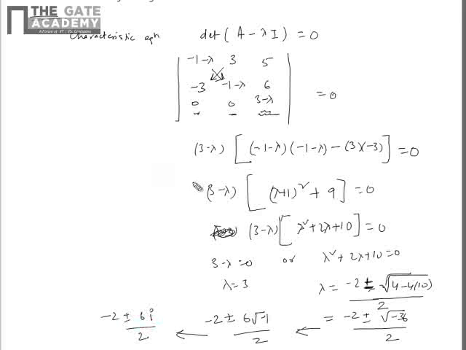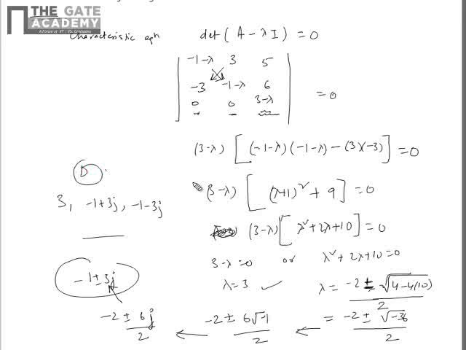For the complex variable, sometimes it is written i, sometimes j. Because the options are in j, let's write j as root minus 1, and this is minus 1 plus or minus 3j. So the roots are 3, minus 1 plus 3j, minus 1 minus 3j. Looking at the options, the answer is D.